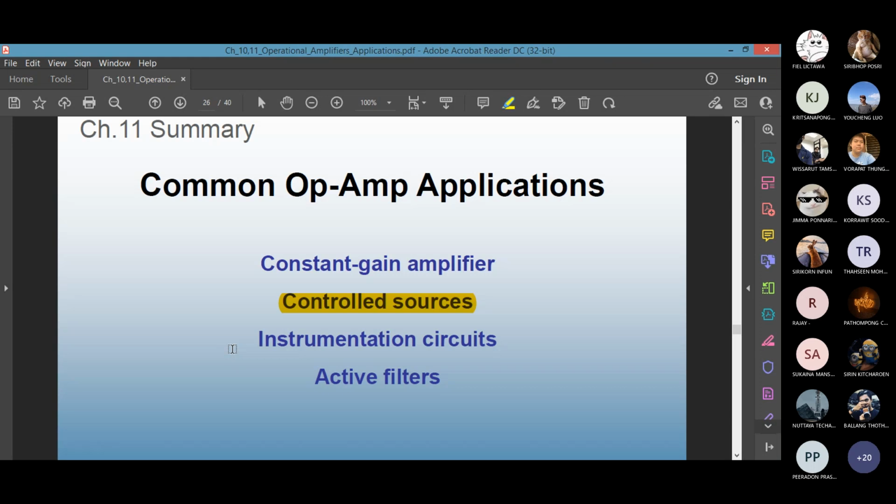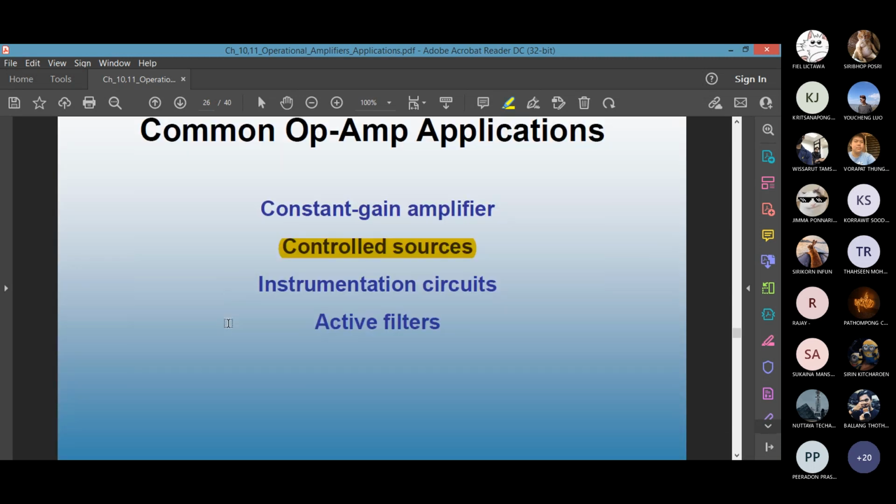Then you have another two, current controlled current source. The output you treat as a current source because you are getting an output current, but it can be changed by another input current. Then you have voltage controlled current source. So the output is a current, but the input is a voltage which can also change your output.